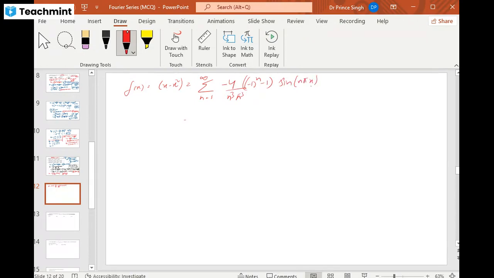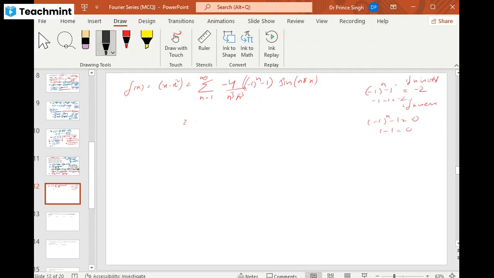Now you can see minus 1 raised to power n minus 1. If n is odd, its value is minus 2. And if n is even, then its value is 0. For odd, minus 1 minus 1 gives minus 2. For even, 1 minus 1 is 0.